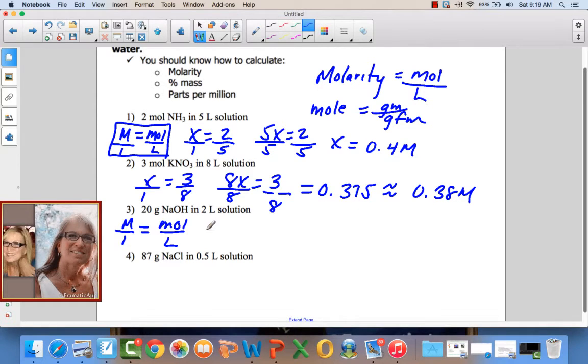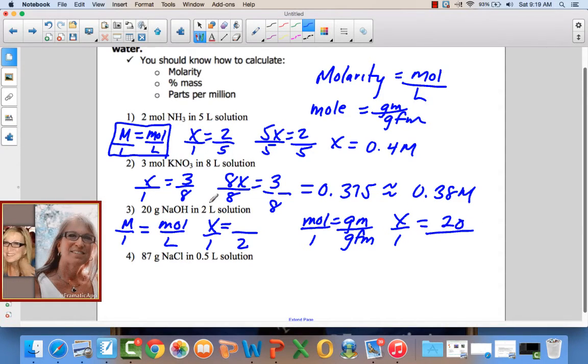I'm going to set up what I do know: x equals, I don't know my moles, over 2. So I got to get my moles. Let's do moles equals given mass over GFM first. Remember, I'm going to put a 1 here so my proportion is set up. And I've got x over 1 equals 20.